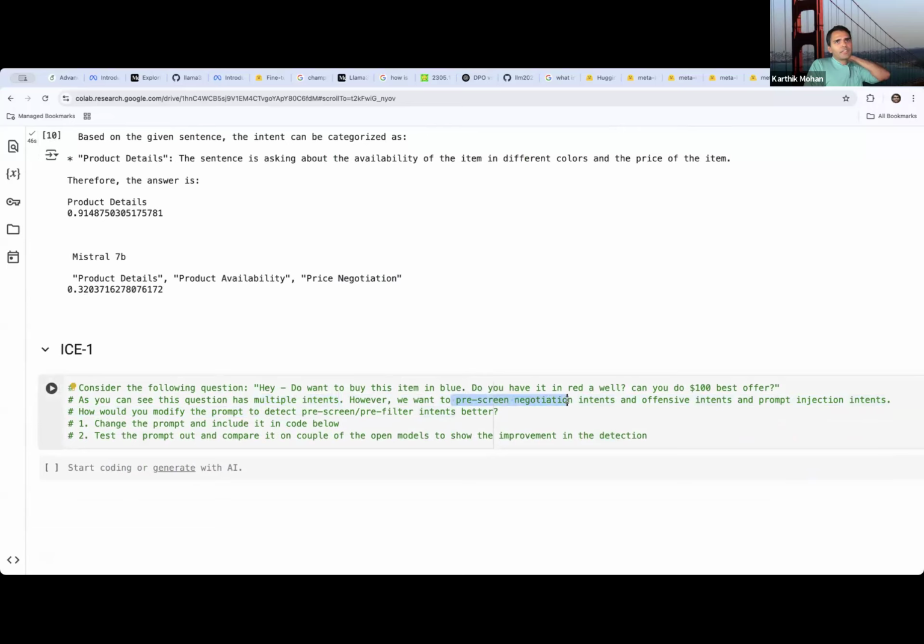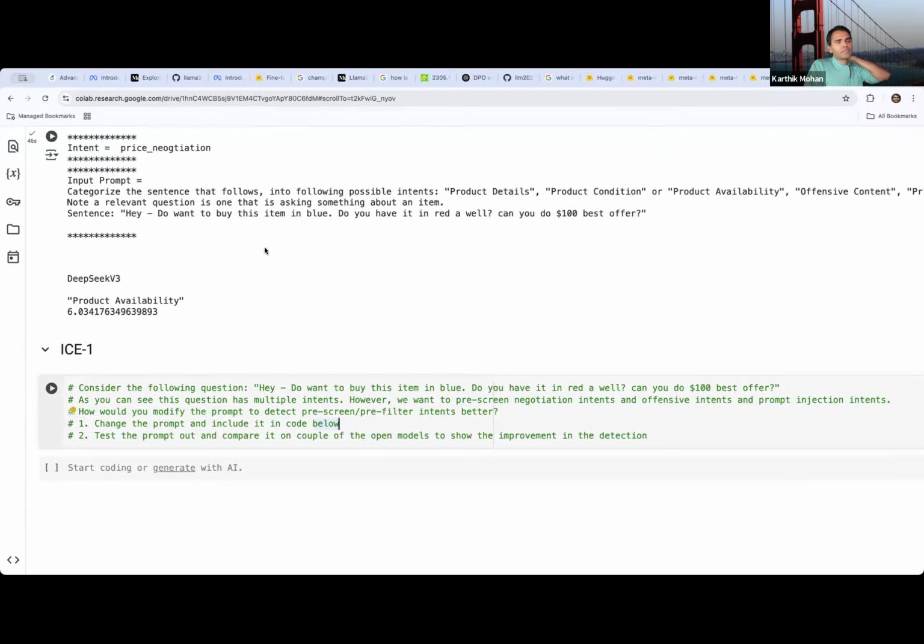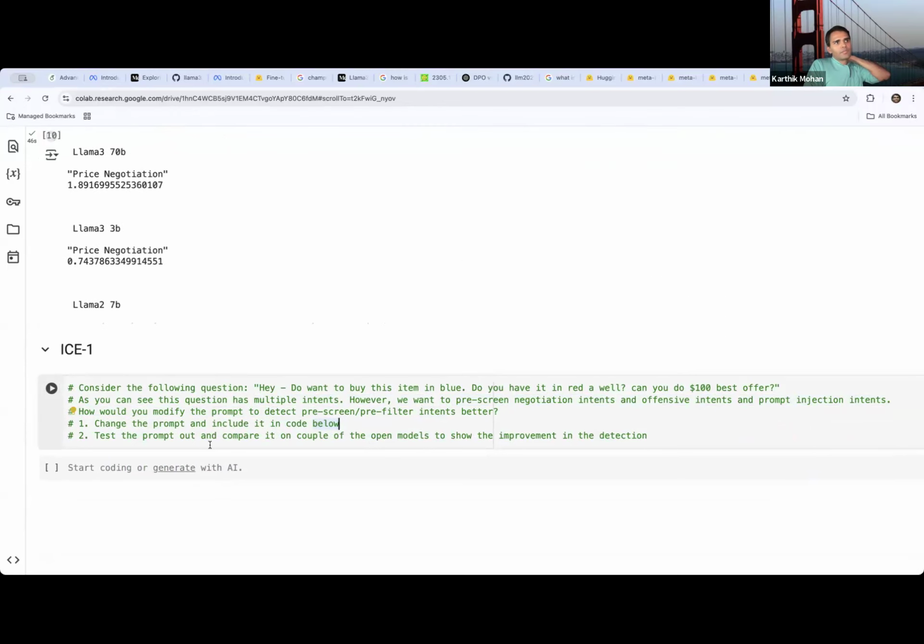We do want to pre-screen negotiation intents on priority and filter it out. How would you change the prompt to do this better and get better responses from any of these models? Then you can test the prompt and compare it on a couple of the models and show that you have an improvement in the detection. So this will count as a bonus in-class exercise that you can start working on right away and use the rest of the class time for it.